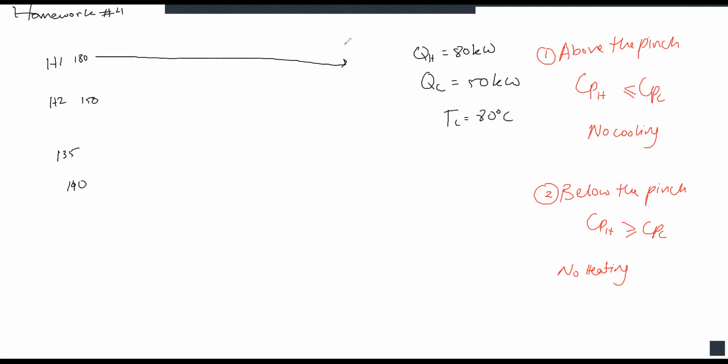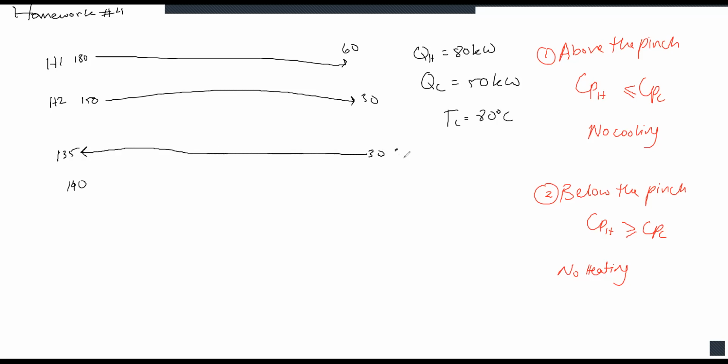So 180 to 60, and then the second thing is from 150 all the way to 30. Then this stream is from 30 to 135. This is C1, and C2 is 80 to 140.